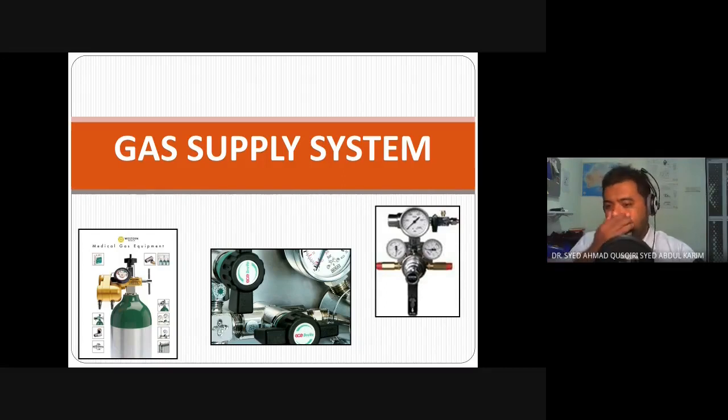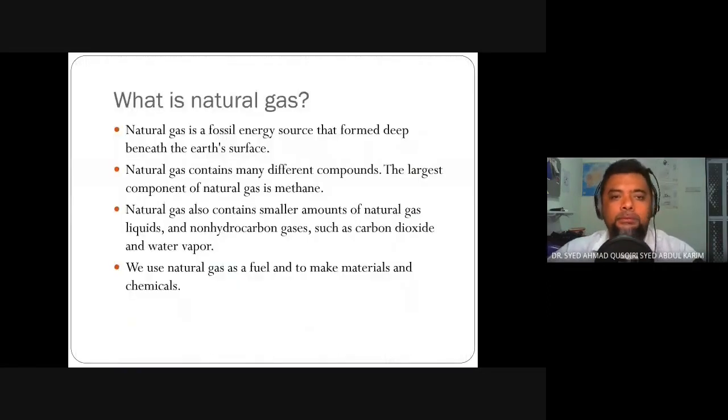So today's topic is on gas supply system. So what is natural gas? Okay, natural gas is a fossil energy source that forms deep beneath the Earth's surface. So it has many compounds. Okay, the largest one is methane.